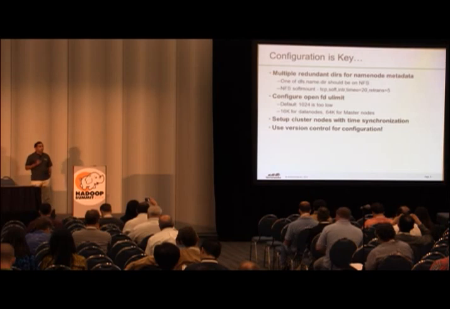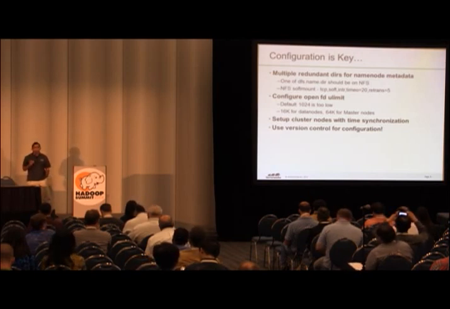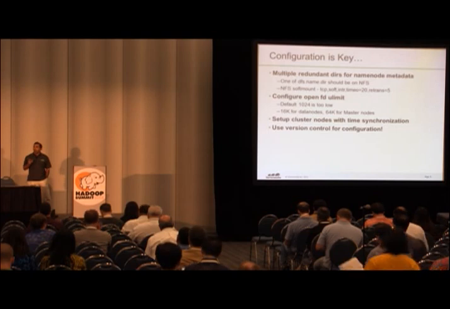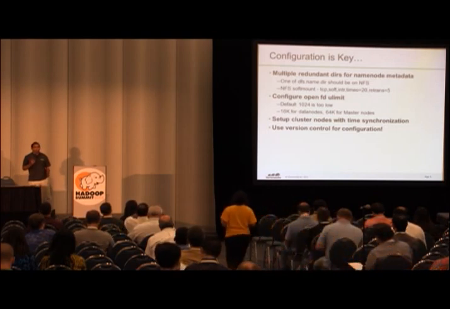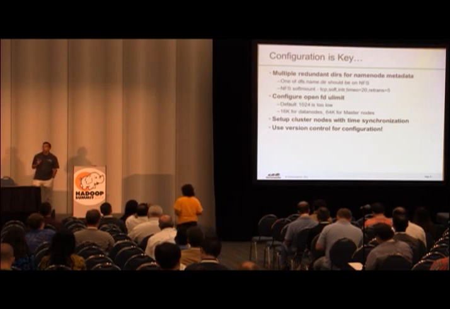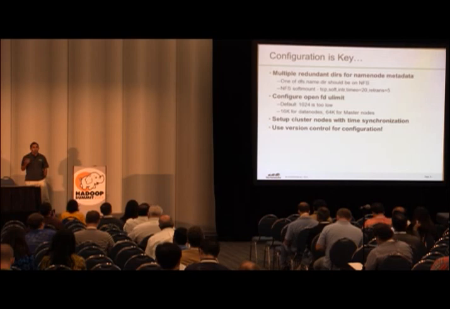One other key thing that I see, and I've solved many issues related to this, is either because of how someone uses daemon tool or they've not configured, the open file descriptor ulimits are sometimes not configured. The default 1024 is way too low for Hadoop daemons because of opening of a lot of files and sockets.